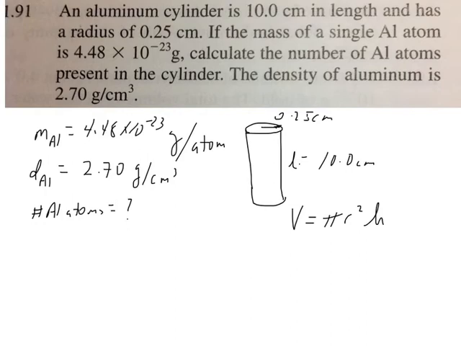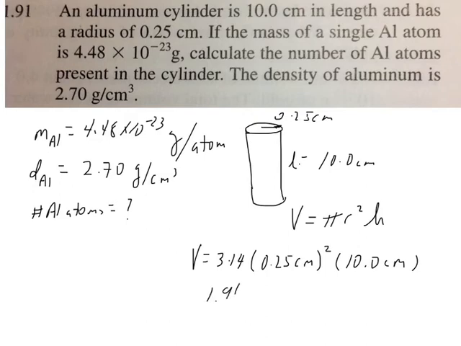So the volume is equal to 3.14 pi times 0.25 centimeters squared times 10.0 centimeters. And when we do this, we end up with a volume equaling 1.9625 cubic centimeters.